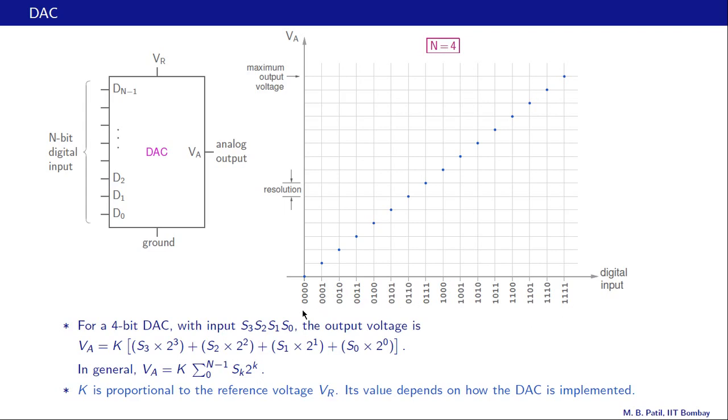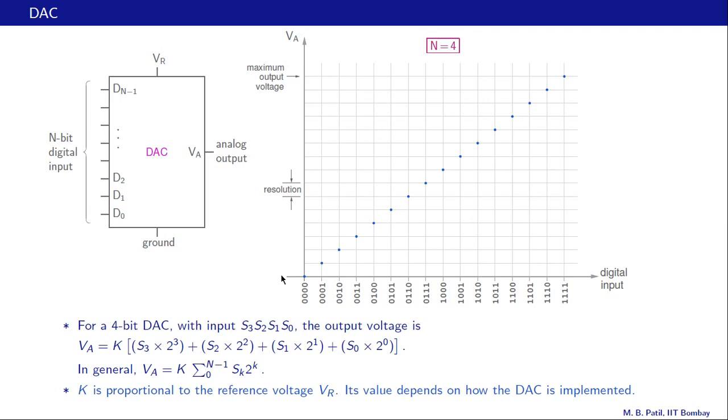The first number is 0000, then 0001, 0010, etc. all the way up to 1111. So this is decimal 0, this is decimal 1, 2, 3, 4, etc. up to 15. And as a result of this applied input, the output voltage VA varies from 0 to some maximum output voltage.